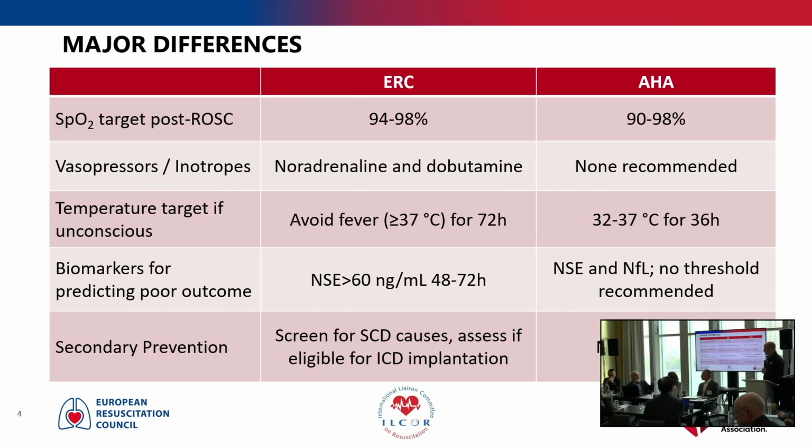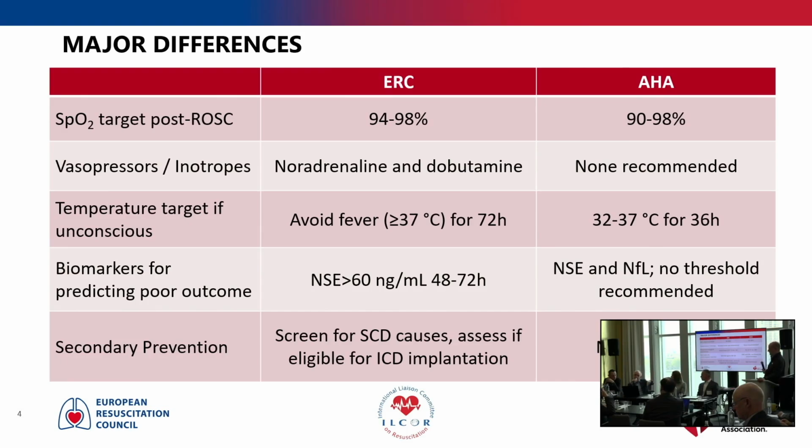Yeah, to parallel the observation made by Karen, these different recommendations also reflect how the guidelines are organized, because AHA doesn't have a specific neuroprognostic algorithm. If you see the guidelines, there is a series of predictors, but unlike the ERC, there is no nodal algorithm with a series of choices.